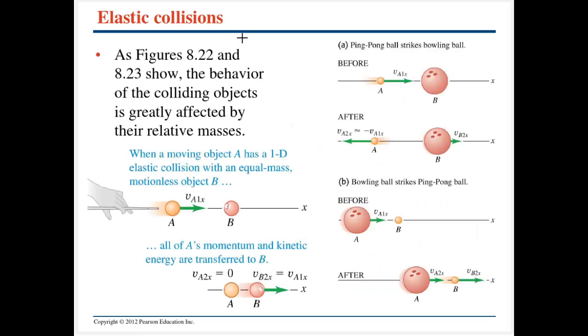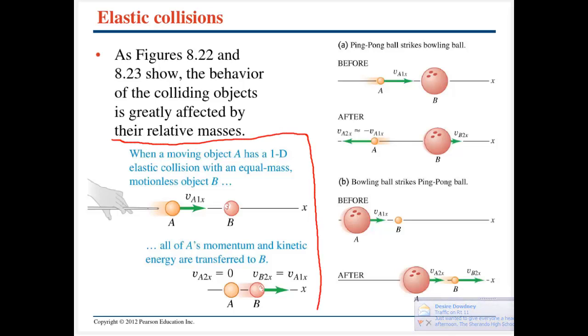When we're talking about elastic collisions, we also need to think about how inertia or mass is going to affect the collision. If you've ever played pool and you're actually somewhat good at it, you might consider a collision between two balls where they have equal mass.